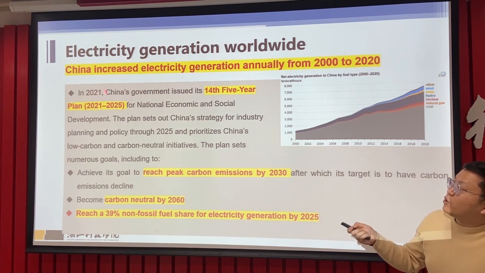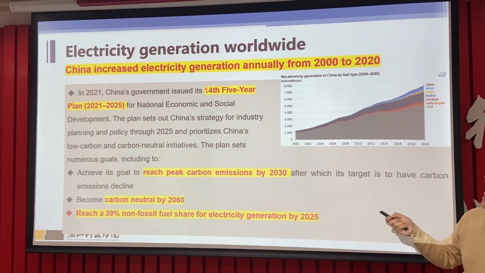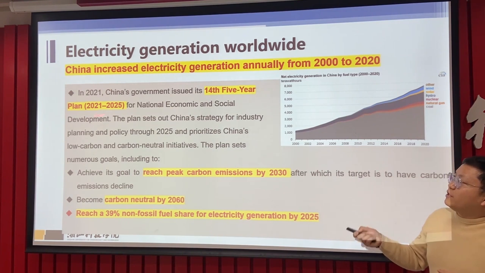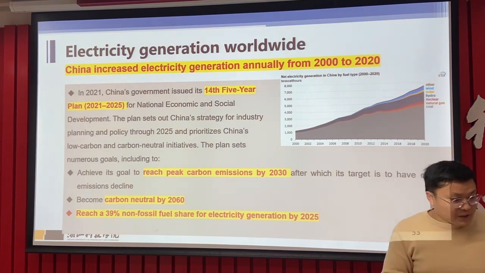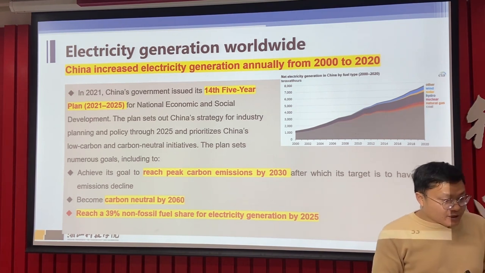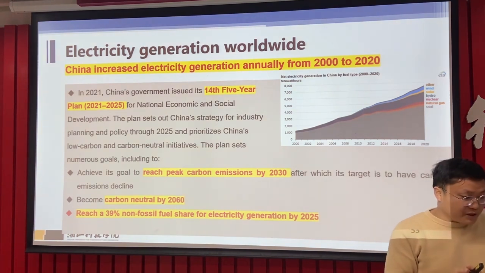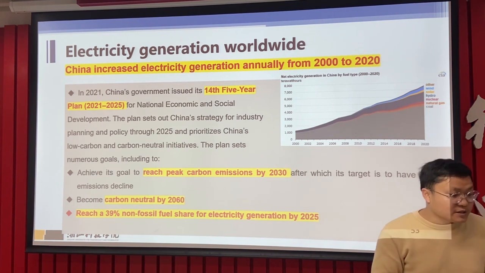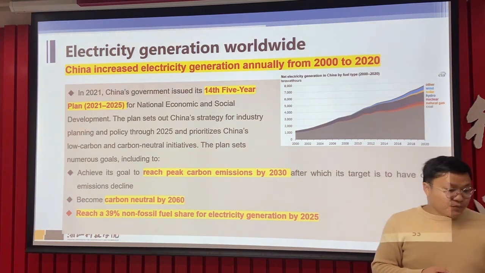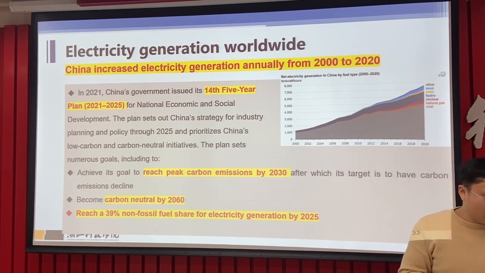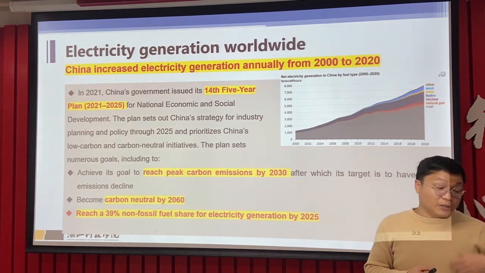In 2021, China's government issued its fourteenth five-year plan for national economic and social development. The plan sets out China's strategy for industrial planning and policy through 2025, and prioritizes China's low carbon and carbon neutral purpose.